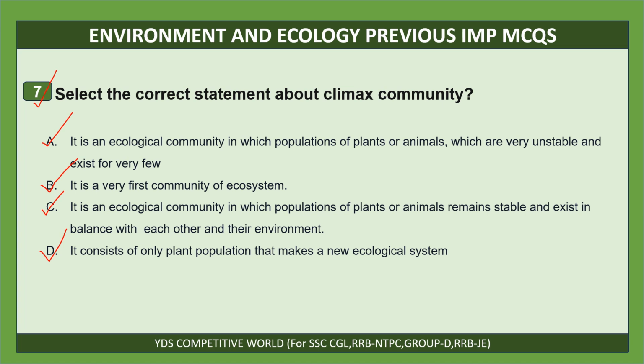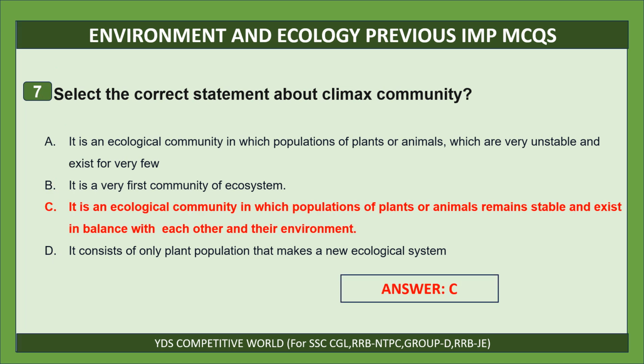Option D. It consists only of a plant population that makes a new ecological system. Option C is the correct answer.